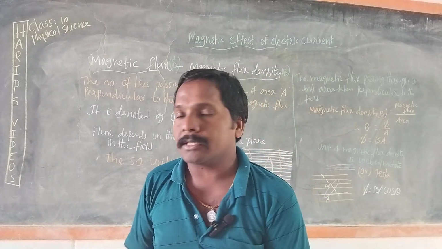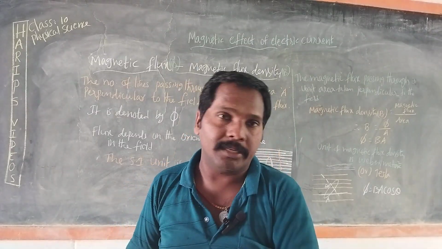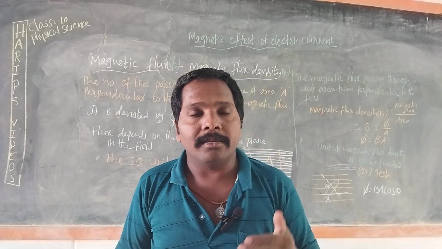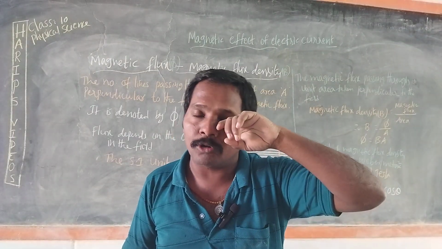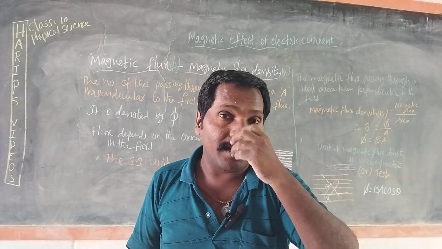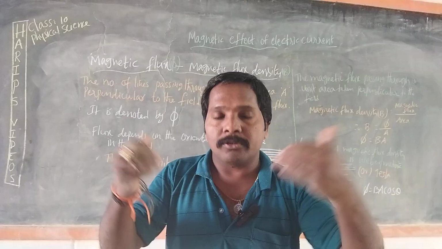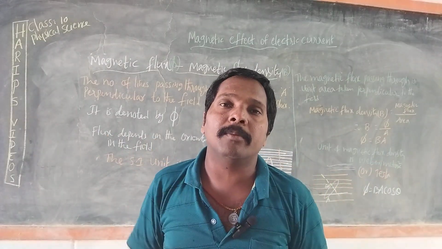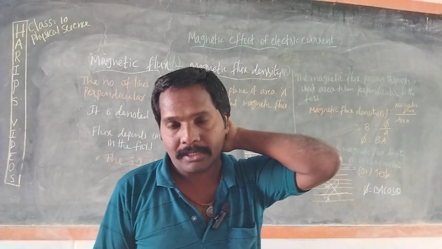We already discussed some properties. Magnetic field lines do not intersect each other. Magnetic field lines emerge from the north pole and merge into the south pole. The field lines are very close near the poles, and more separated at other places.